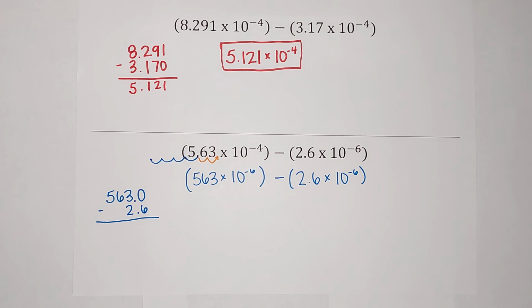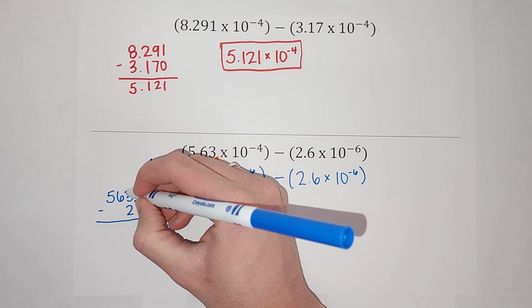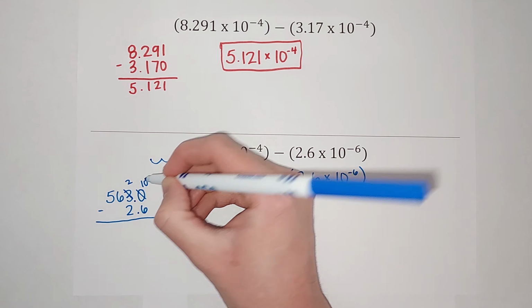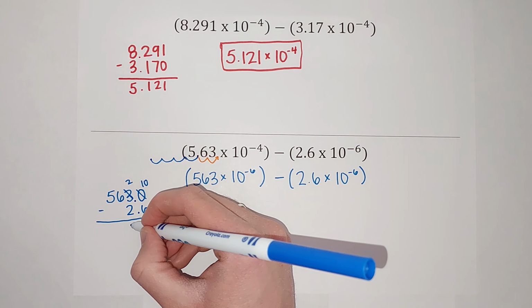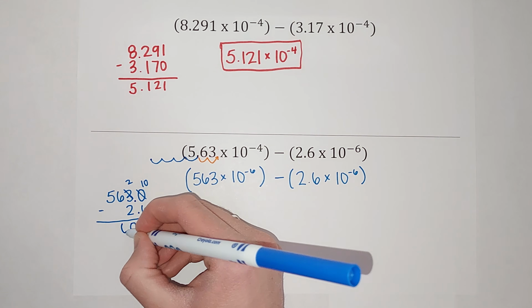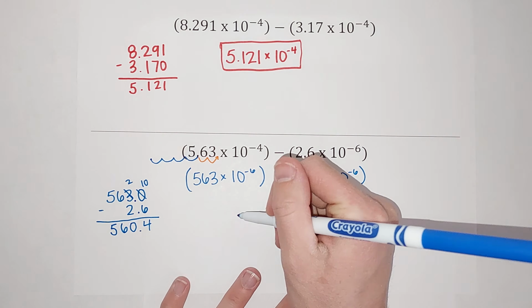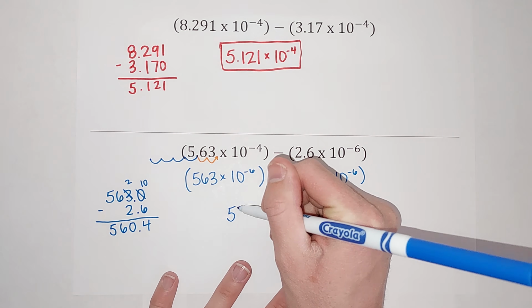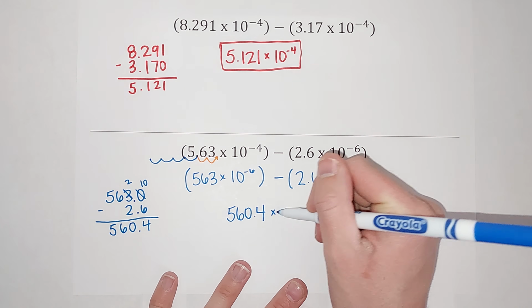Now I'm going to subtract. I've got 0 minus 6, so I have to borrow, right? So I get 10 minus 6, which is 4. Drop that decimal down. 2 minus 2 gives me 0, and then I've got the 6 and the 5. So I end up with 560.4 times 10 to the negative sixth.